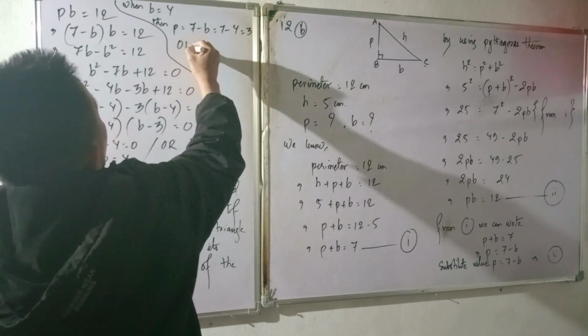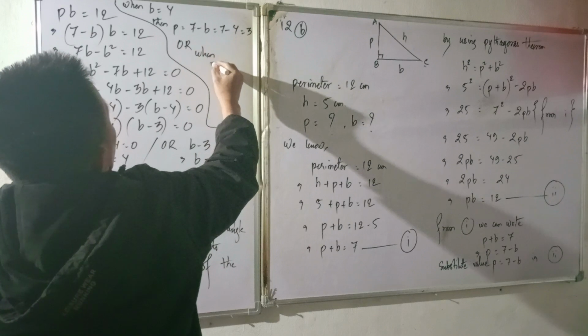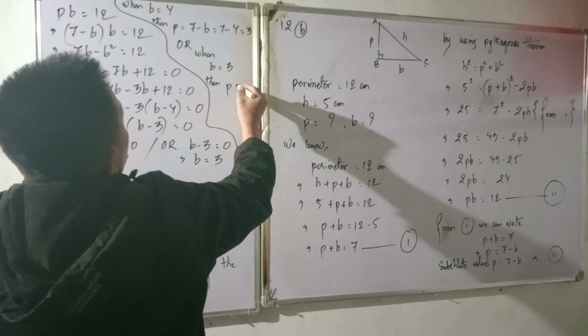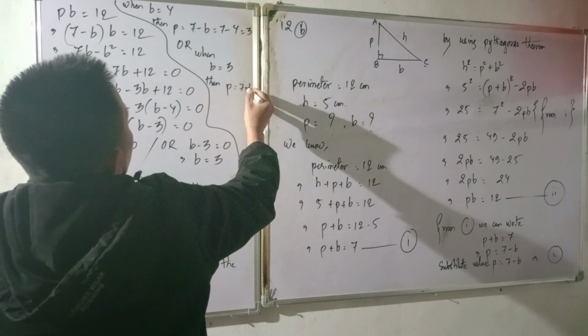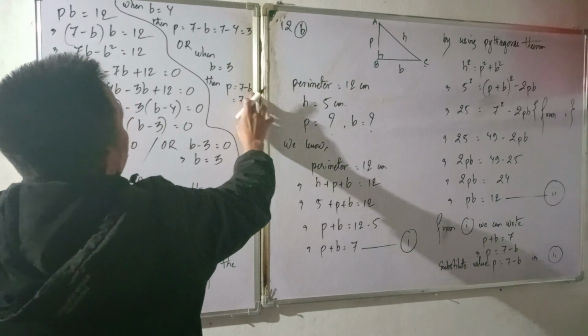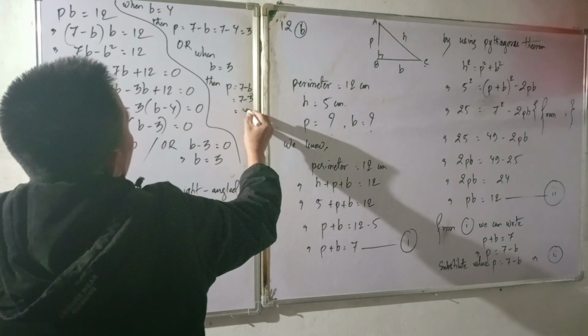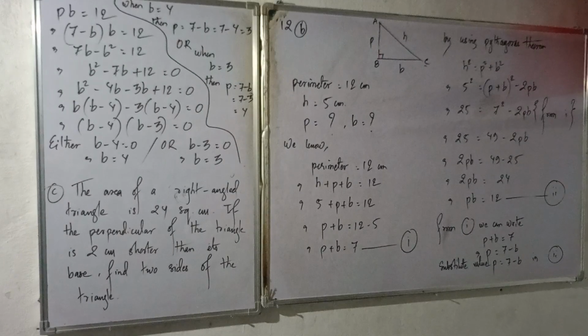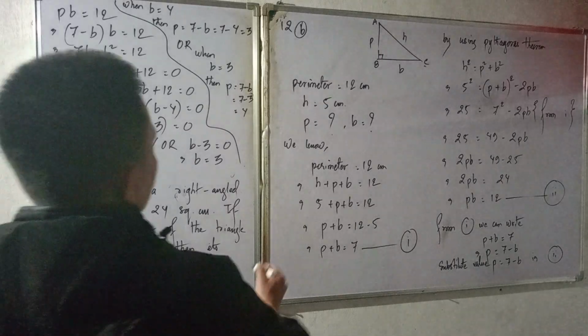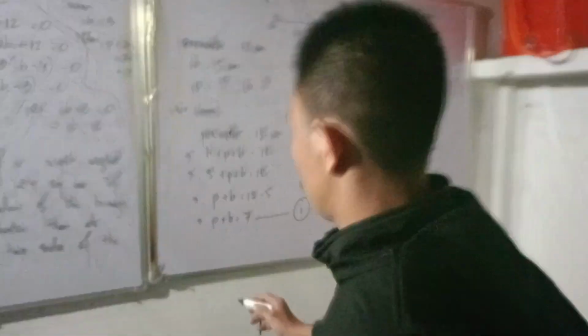When B is equal to 3, then P will be 7 minus B, that is 7 minus 3, which is 4. So when B is 4, P will be 3, but when B is 3, P will be 4. Therefore, the two other sides will be 3 and 4. I'm writing here.